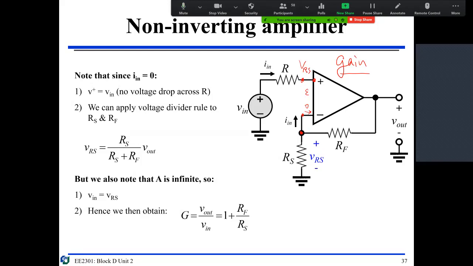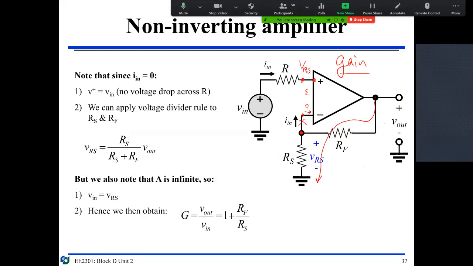Because no current is going inside, you can say this is not connected, not drawing anything. So the whole thing from here to here is a voltage divider, right?